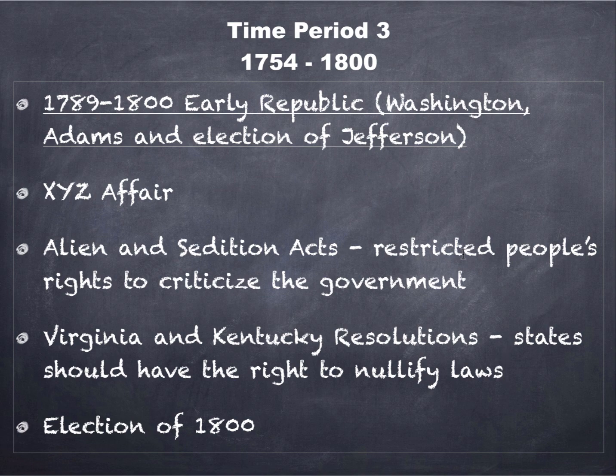Okay. And just so you know, the three people we sent, if you're interested, I'm not sure if you are, were John Marshall, who was later the Chief Justice of the Supreme Court, Charles Pinckney, and Elbridge Gerry. And I would love for you to know the name Elbridge Gerry.